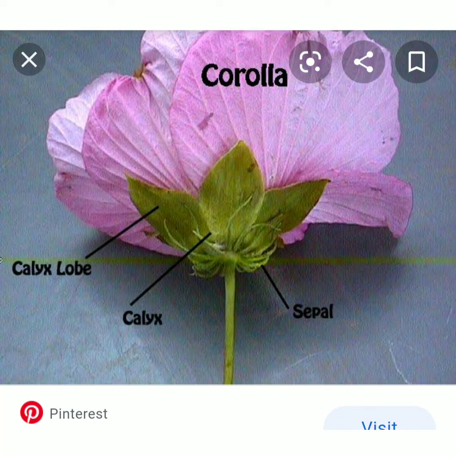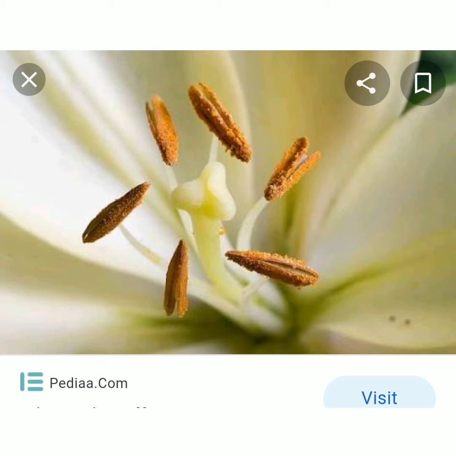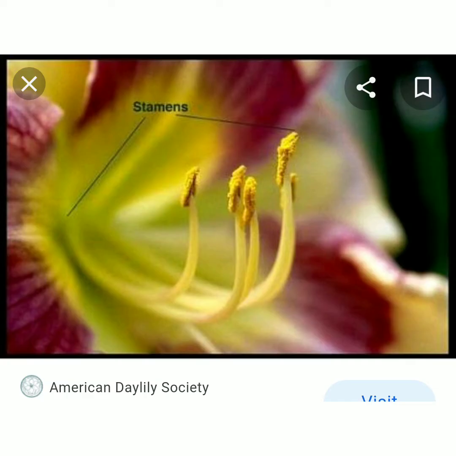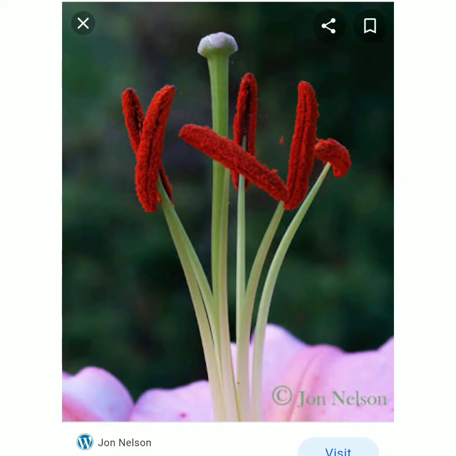The male reproductive part of the flower, that is the androecium, is the next portion, which has two parts, filament and anther. Inside the anther, pollen grains are seen. The single unit is called a stamen. Stamens collectively are called the androecium.